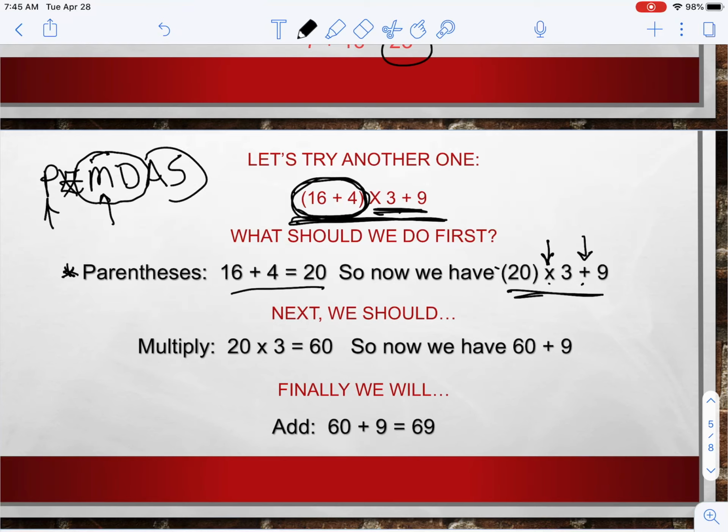And then add or subtract. We'll get to that in a little bit. You'll see what I mean. So we have to do the 20 times 3, which is 60. So now what's left over is 60 plus 9, and that's 69. Okay, and that would be adding last.